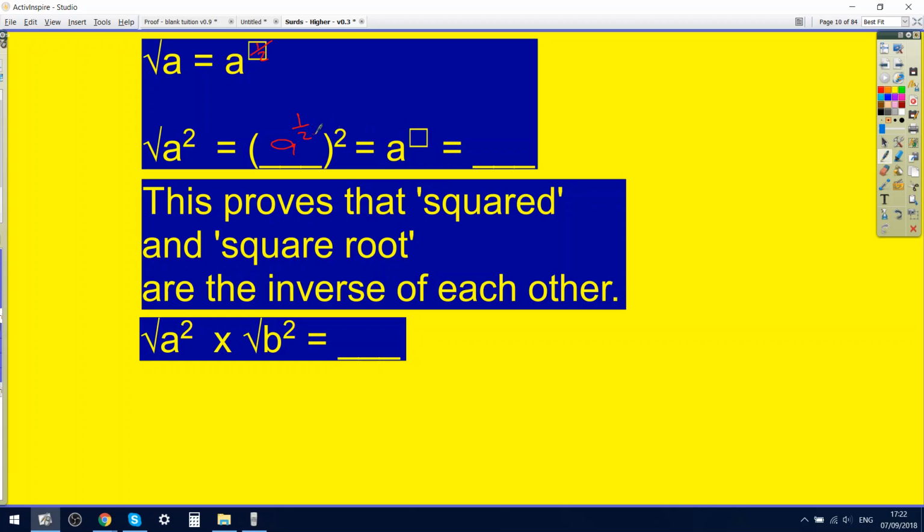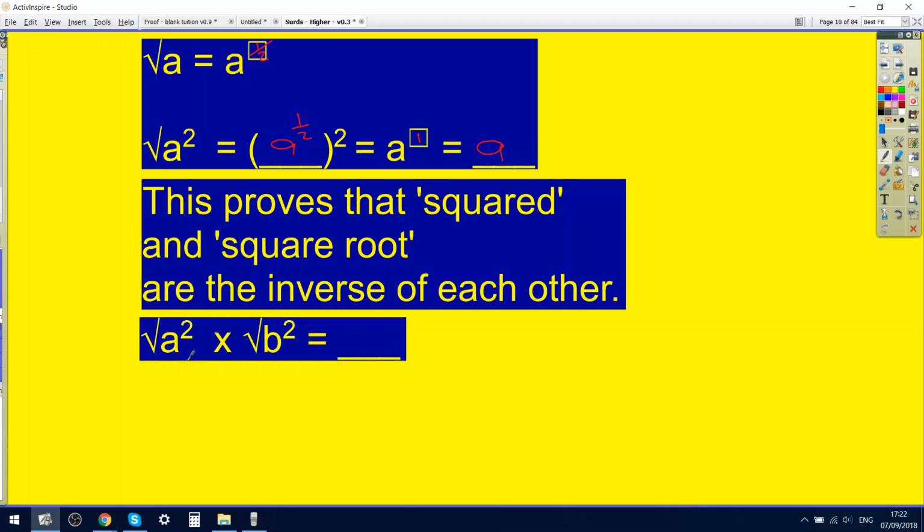And how do we do a to the half squared? You multiply them, yeah. And what do you get? A to the power of 1. Yeah, and that's the same as a. That's it. And so this proves that squared and square root are the inverse of each other, the opposite of each other, or the reverse of each other.